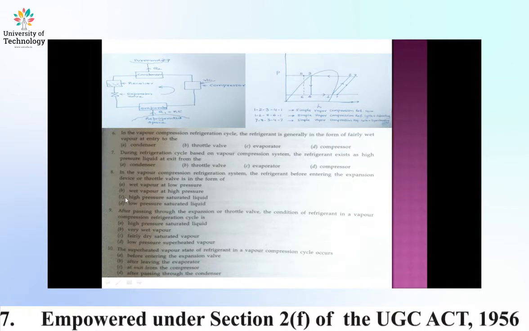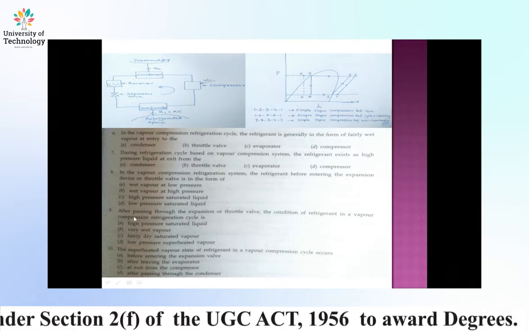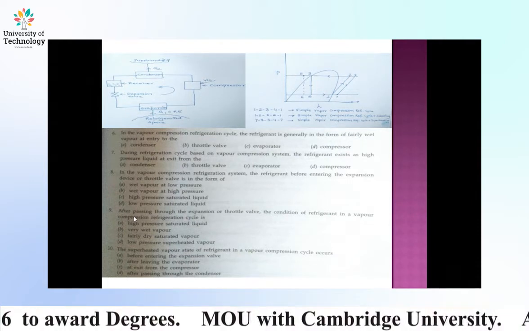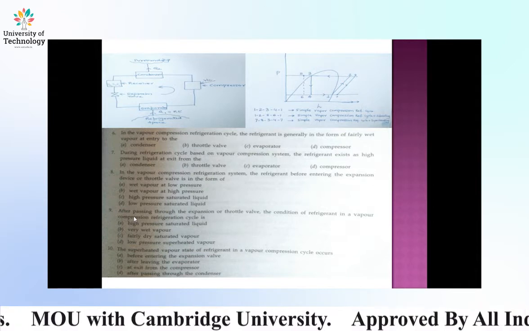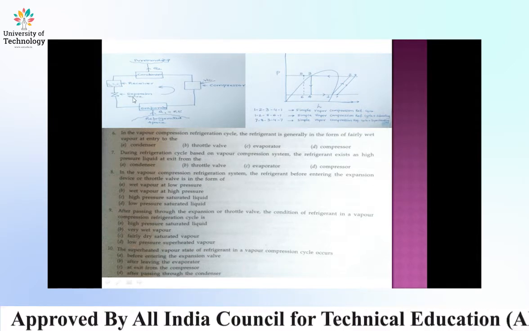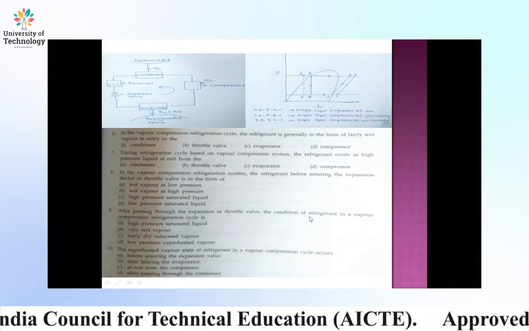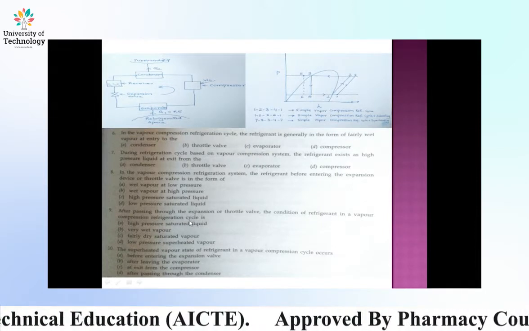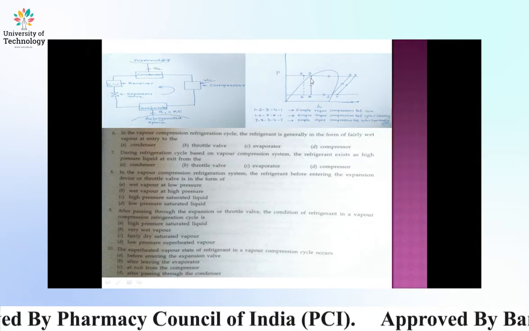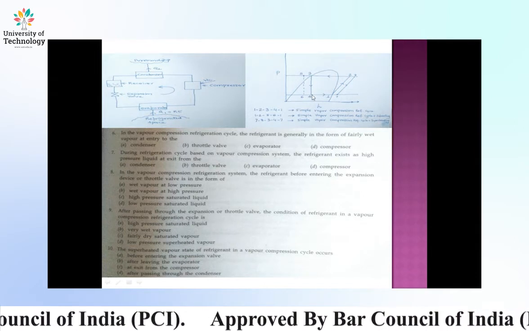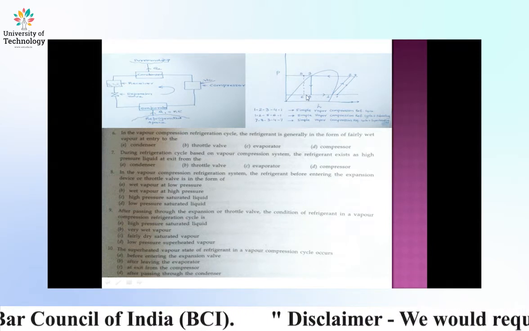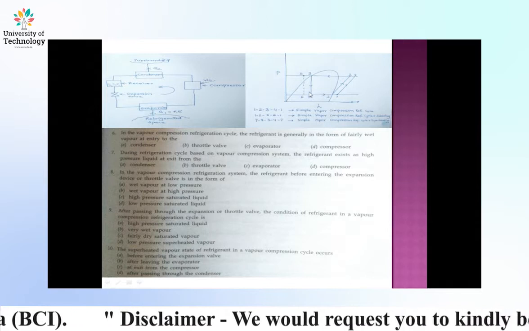Now question number 9. After passing through the expansion or throttle valve, the condition of refrigerant in the vapor compression refrigeration cycle is... After passing through the throttle valve 3 to 4, the exit of the throttle is 4, or in case of subcooling the exit is 6. So at 4, the refrigerant is available in wet vapor condition.